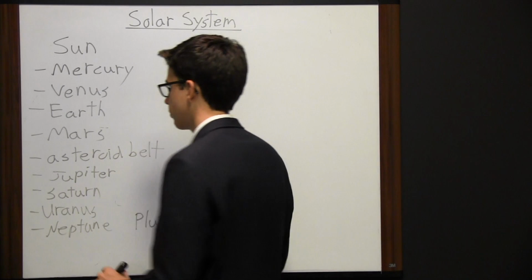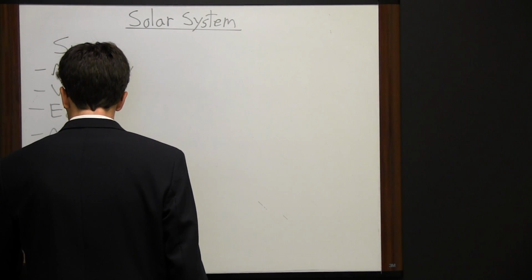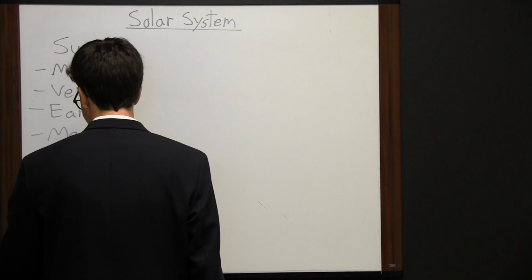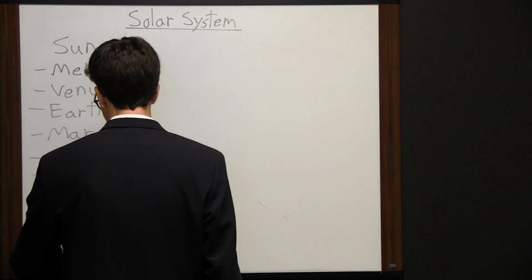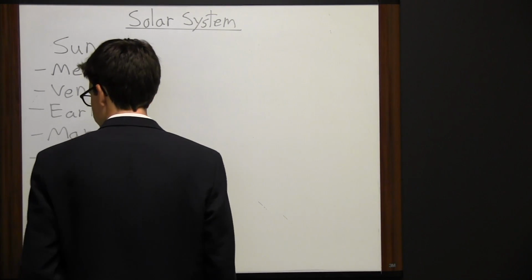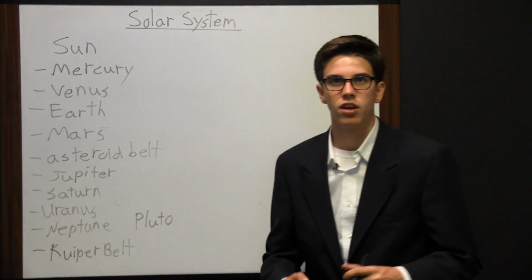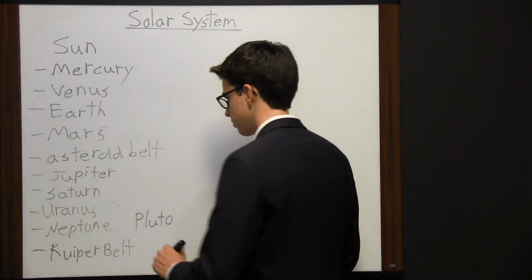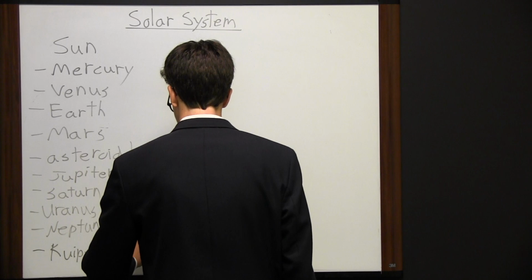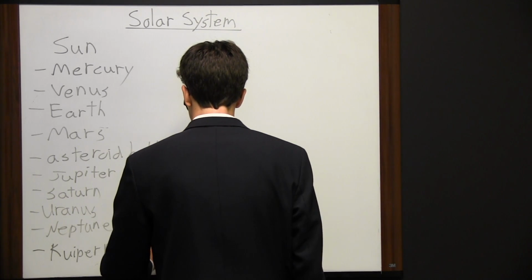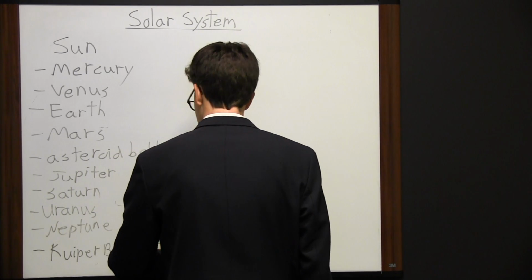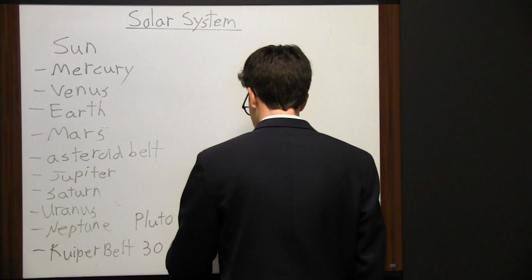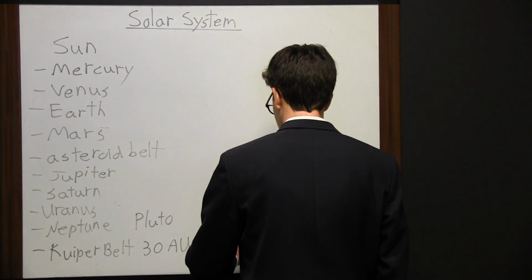So then after Neptune we have the Kuiper belt. And so this Kuiper belt extends from about 30 astronomical units from Neptune to about 50 astronomical units.